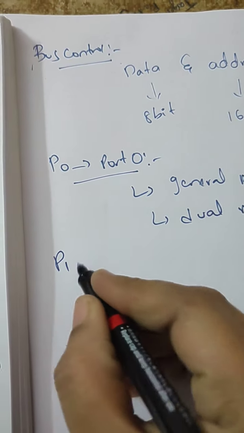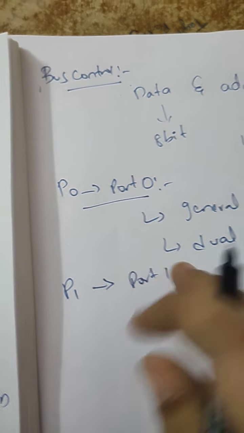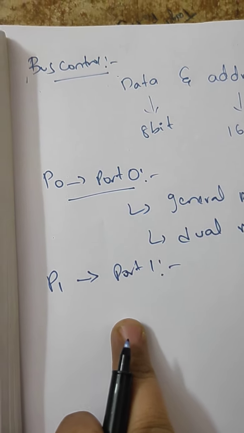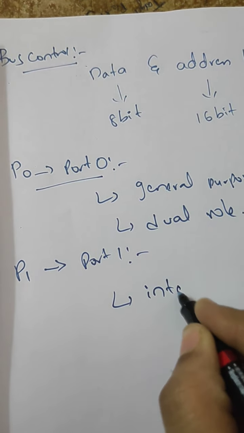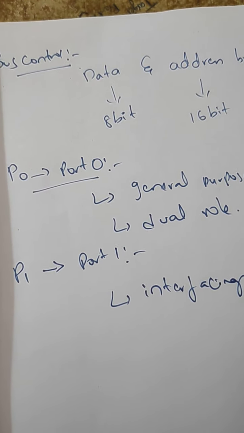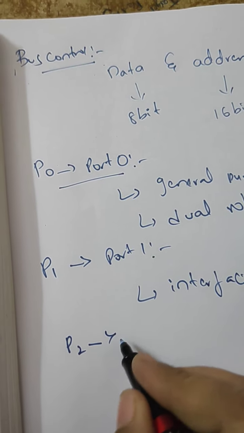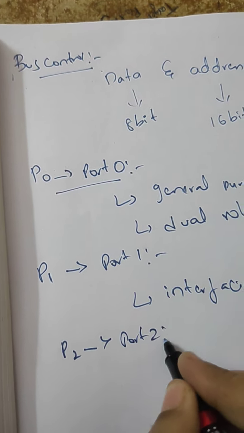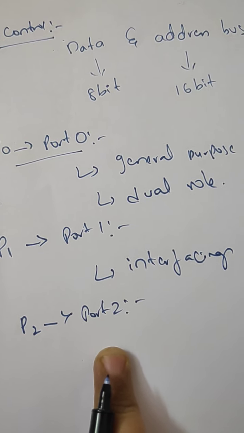Similarly, port 1, or port P1, performs dual functions, and it is basically used for interfacing activities. Whereas port 2, that is P2, is similar to port 0 operations.